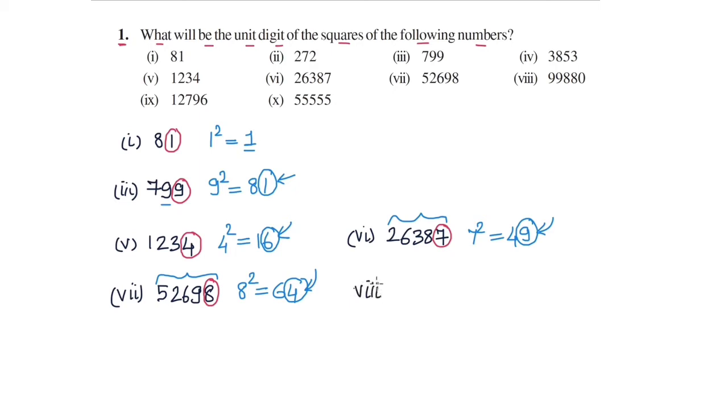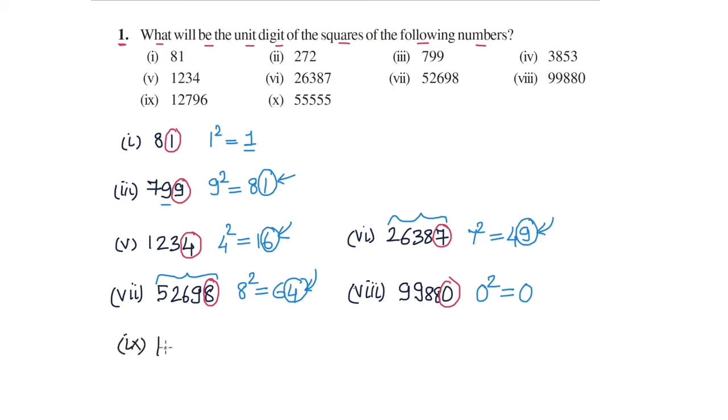In the next part we have 99880 as our number. As we can see here, 0 is our unit digit. So the square of the unit digit will be 0 only. Hence whenever you see a 0, the unit digit of the square will also be 0.